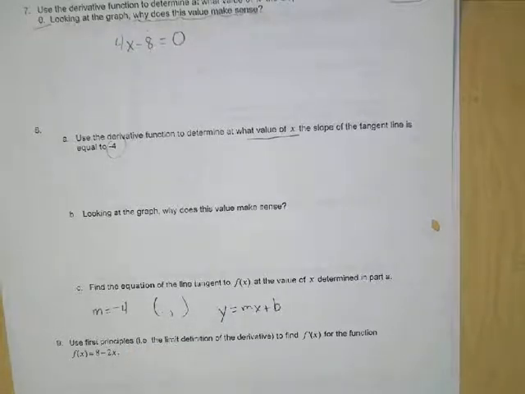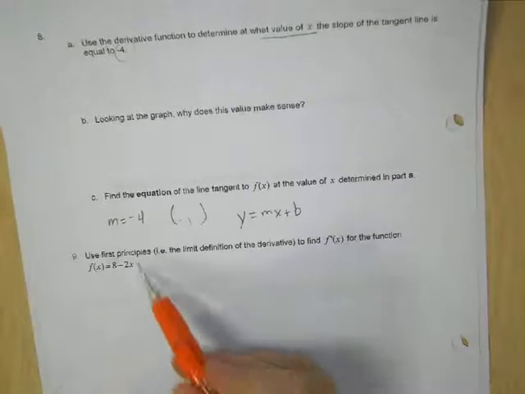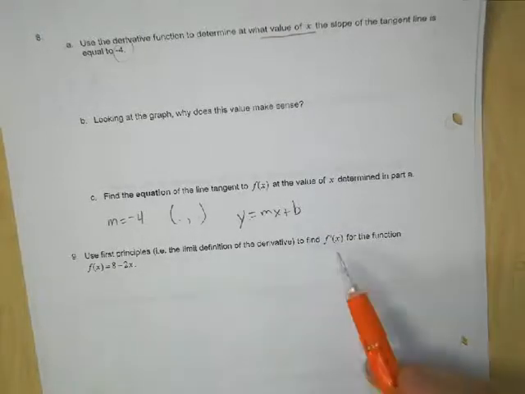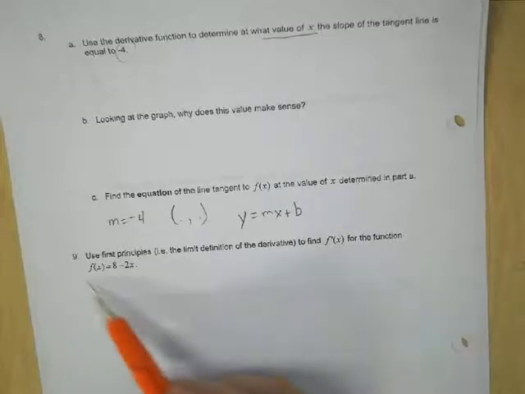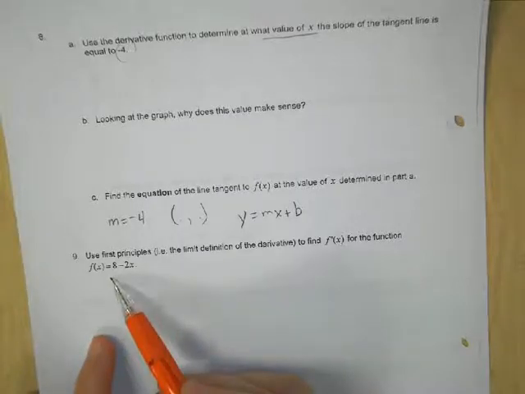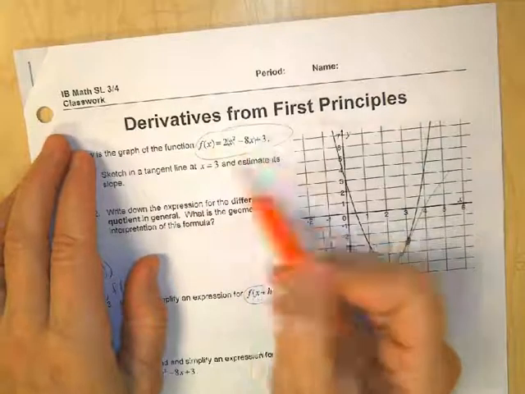All right, next, use first principles to find f prime of x for the following function. So we're going to do the same thing again. We're going to find the same derivative function, the same gradient function, f prime of x, but now starting with this. So you're going to do the whole process again, but it's going to be a lot simpler because the equation is a lot simpler. You're going to be using this equation for f of x, whereas before you used that equation for f of x.